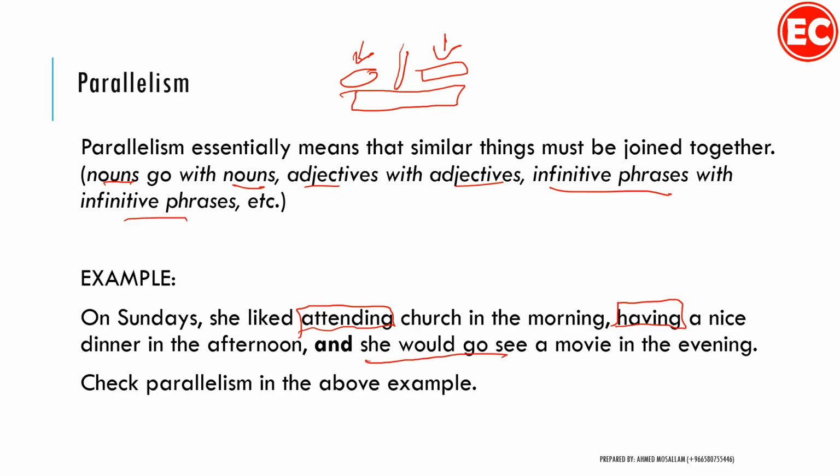This is not parallel. In parallelism, they all must match with each other. Here we have gerund, here we have gerund, so we must have a gerund here. So what's going to be the gerund? Yes, we're going to change "see" to "seeing." This is the idea of parallelism. You must make sure that all items start with the same form. Here we have gerund, so the last one must also be a gerund.